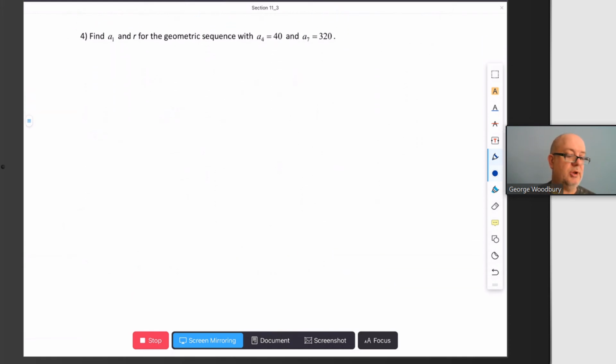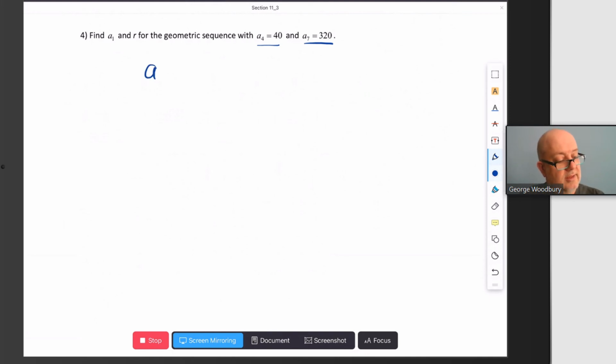One last problem with geometric sequences, we want to find a sub 1 and r, the first term and the common ratio, if we know that a sub 4 equals 40 and a sub 7 equals 320. To go from the fourth element of the sequence to the seventh, that's three members away.